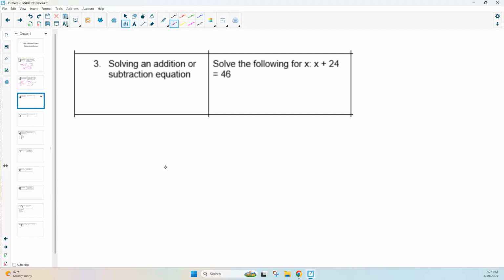Solve an addition or subtraction equation. So solve the following for X. X plus 24 equals 46. So I have an addition equation here. We're going to undo that addition with, that is correct, subtraction. Subtraction undoes addition. So think of this as a balance beam.